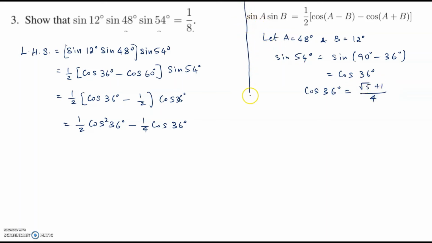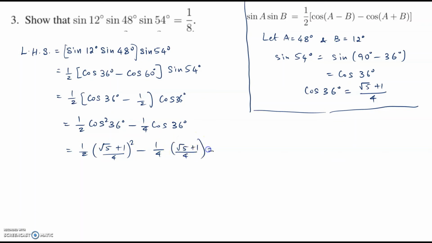So these are the formulas that we are using here. So this is equal to 1 by 2 into ((root 5 plus 1) divided by 4) the whole squared, minus 1 by 4 into (root 5 plus 1) divided by 4. Further expanding this will become 1 by 32. 4 squared is 16, 16 times 2 is 32.